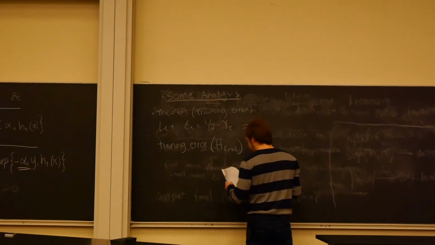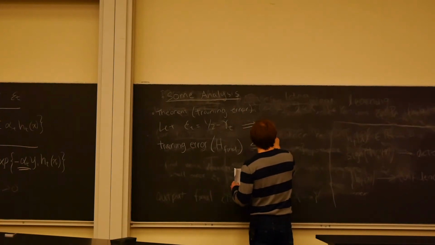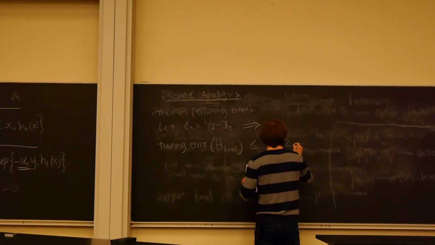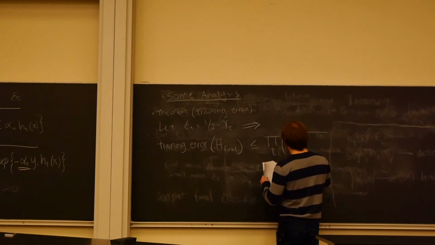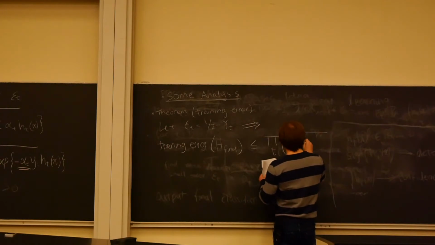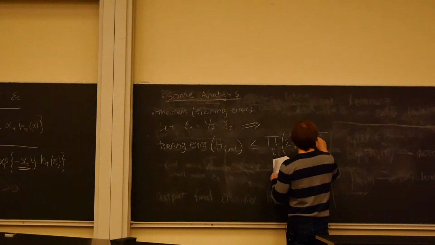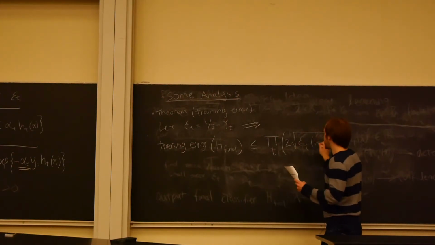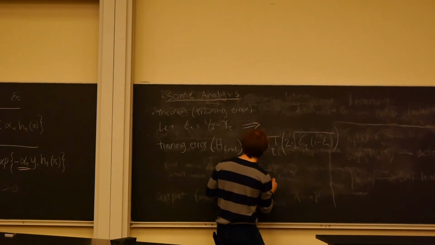Okay, training error of H final. So the first term here is a product over your t rounds of 2 times the square root of epsilon sub t of 1 minus epsilon sub t. Now we're going to write these epsilon sub t's in terms of this gamma formulation here.